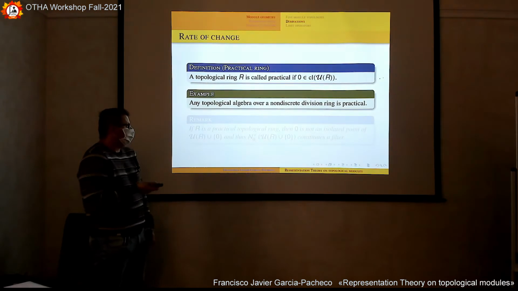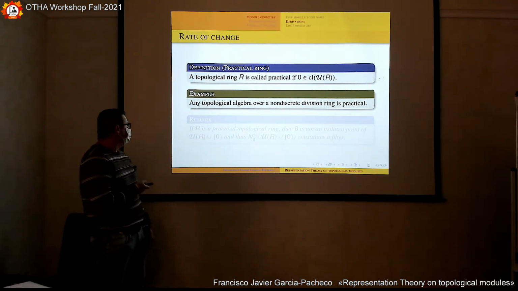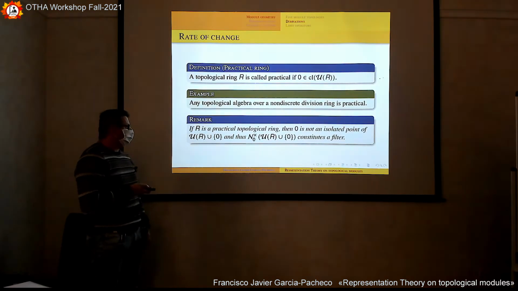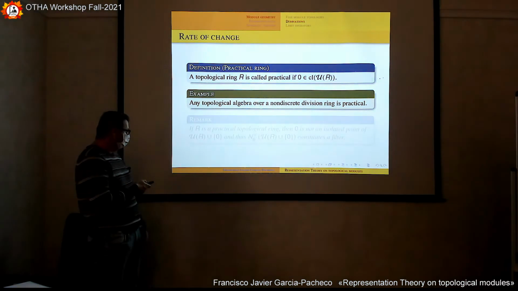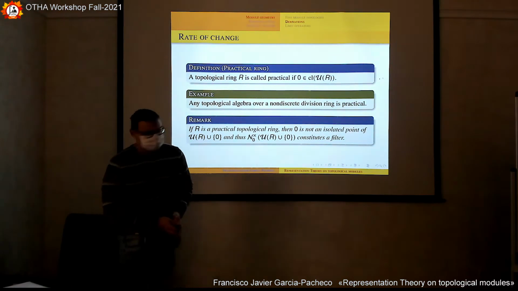Any topological algebra over a non-discrete division ring is practical. This is trivial. And if R is a practical topological ring, then 0 is not an isolated point of the invertibles union 0.